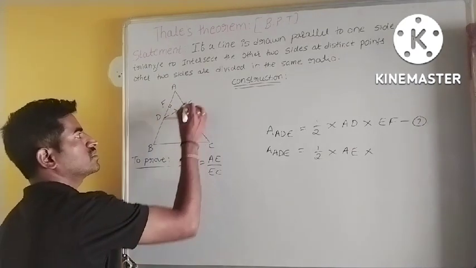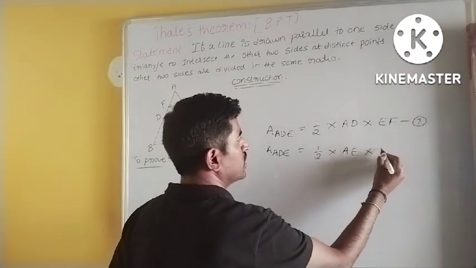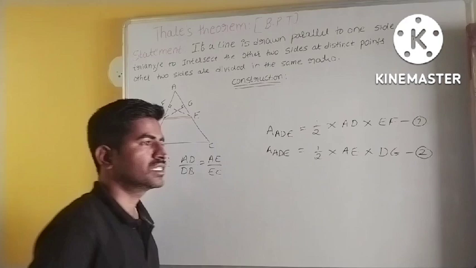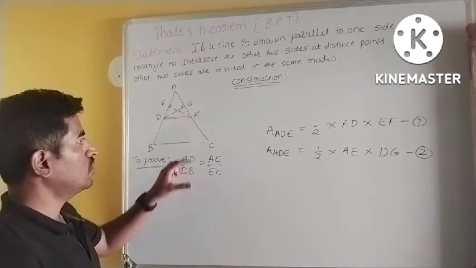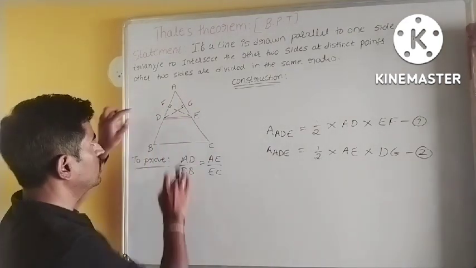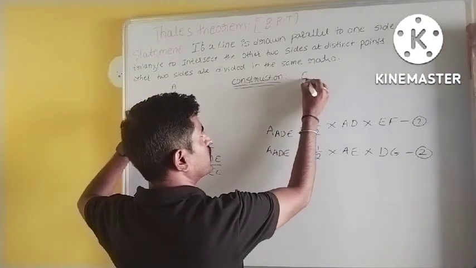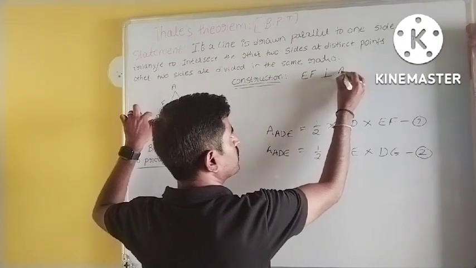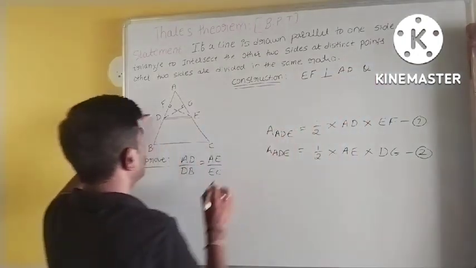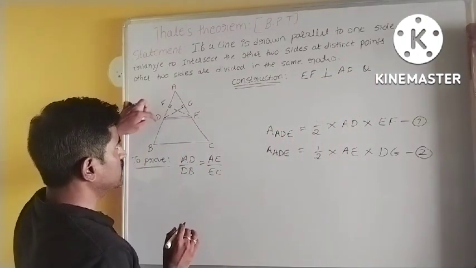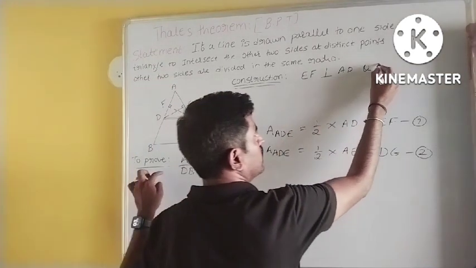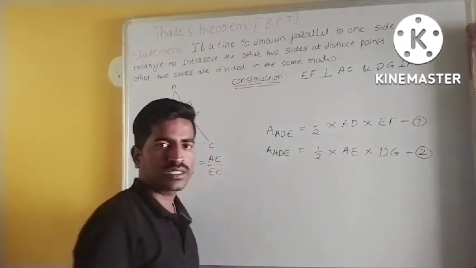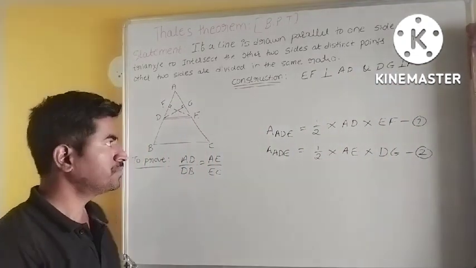So I will take this point as G. Then DG becomes the perpendicular height. So let me consider that as equation 2. Okay, now I have two constructions. One is EF, drawn perpendicular to AD, and one more line I have constructed, that is DG, which is perpendicular to AE. Two lines I have constructed.